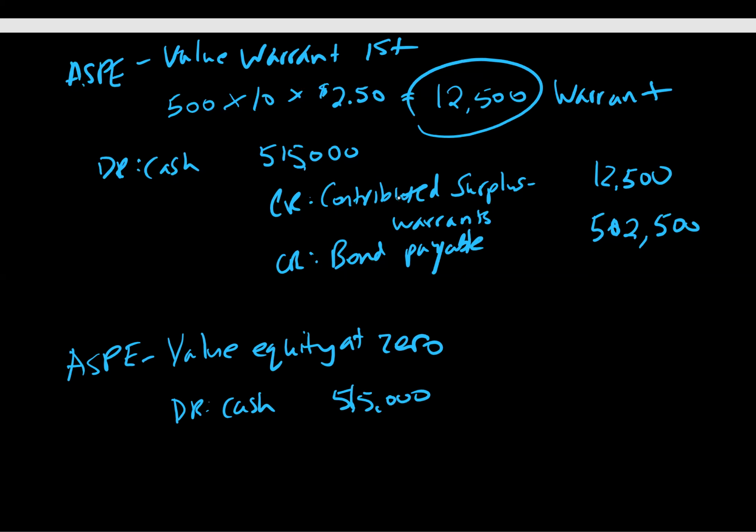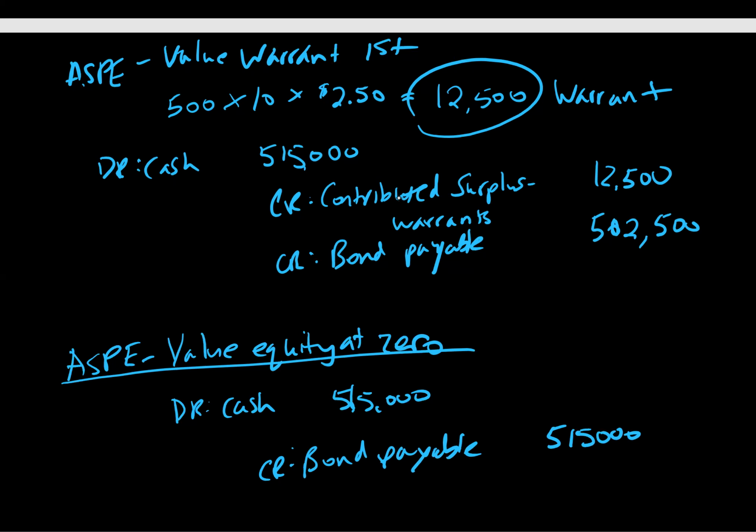That number never changes because that's just a simple amount that came out of our bank account. You can't manipulate that in any of the entries. Credit bond payable for 515,000. So in this case, ASPI is taking the policy choice to value the equity at 0, meaning that whatever we paid, we just attribute it all to the bond payable. Keeps it simple, but it isn't necessarily keeping our financial statements the most accurate, although it is allowed under ASPI.